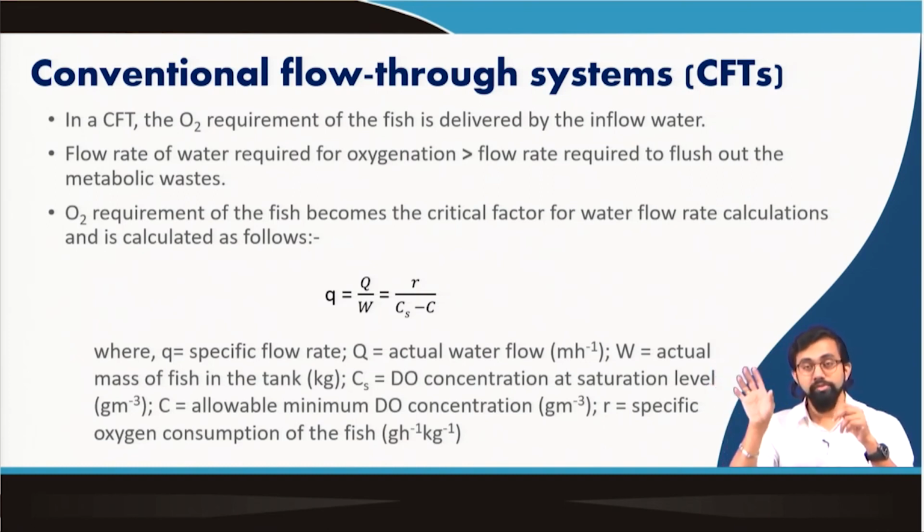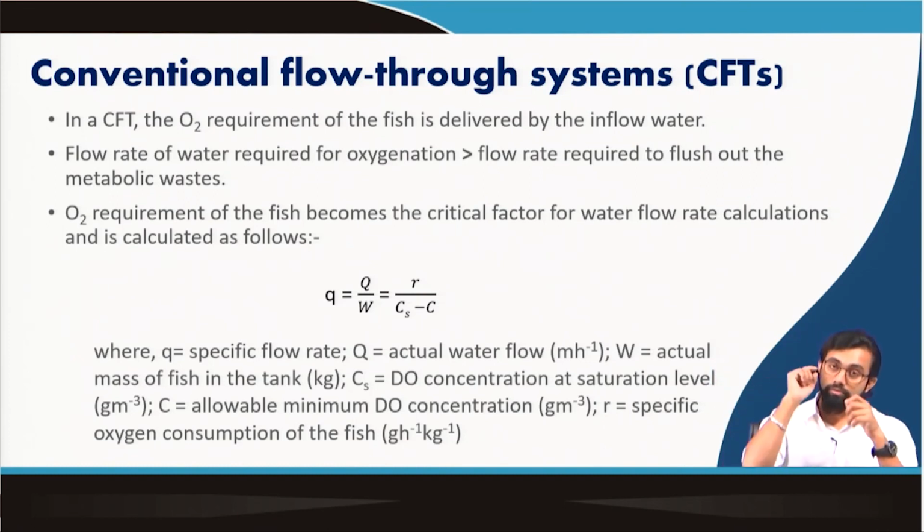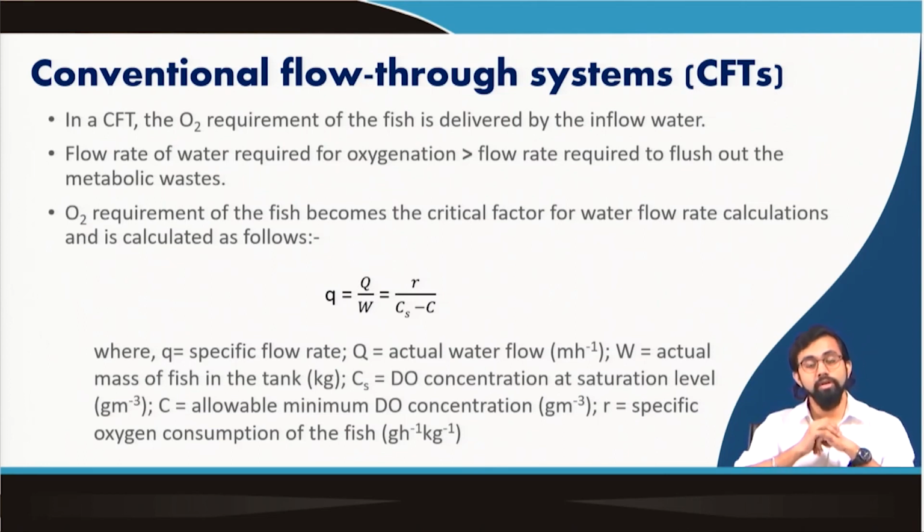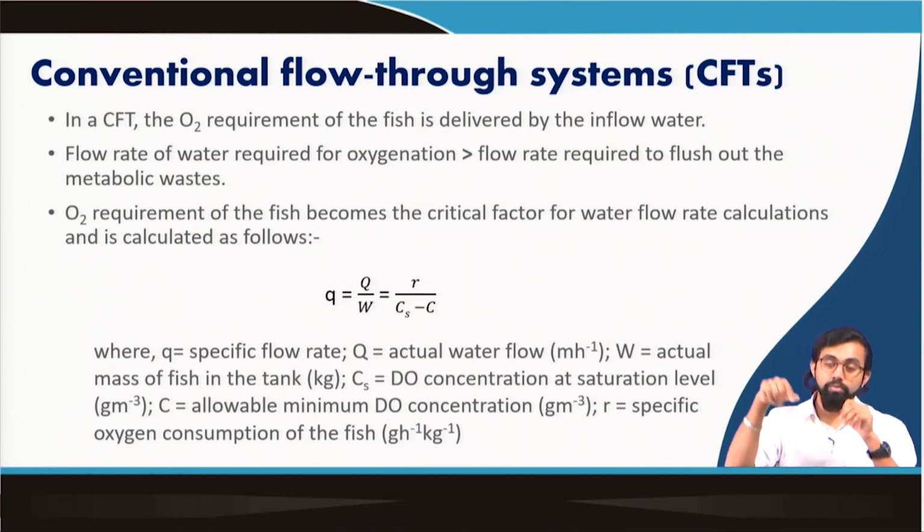So we say meter cube of water flowing within a particular hour per meter square of surface area of this flow through system. Meter cube by meter square per hour; in short, we say meter per hour.